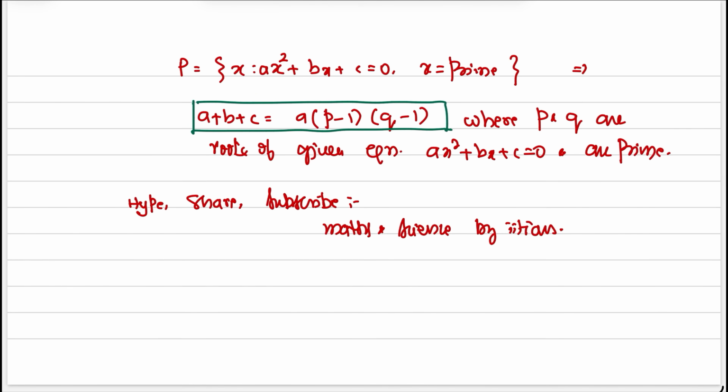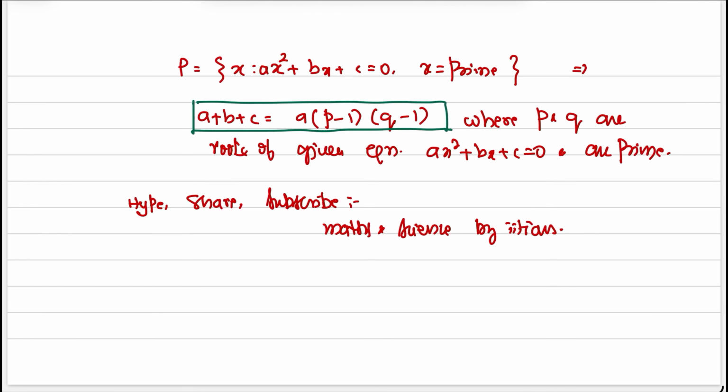Never restrict yourselves when you are studying a particular chapter. Never restrict yourself that you will be asked only questions pertaining to set theory when you are studying sets. Sets can be combined with Diophantine equations, sets can be combined with quadratic equations, and a Diophantine equation can be combined with a polynomial Diophantine equation.